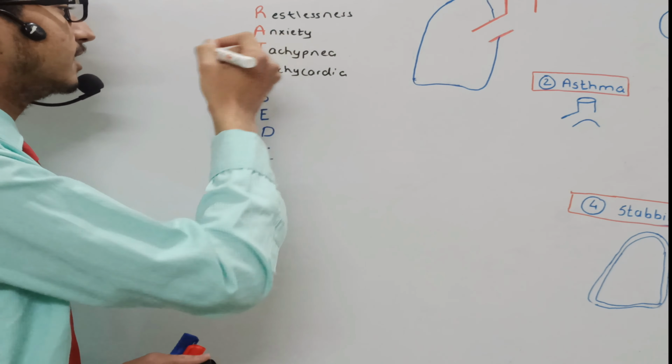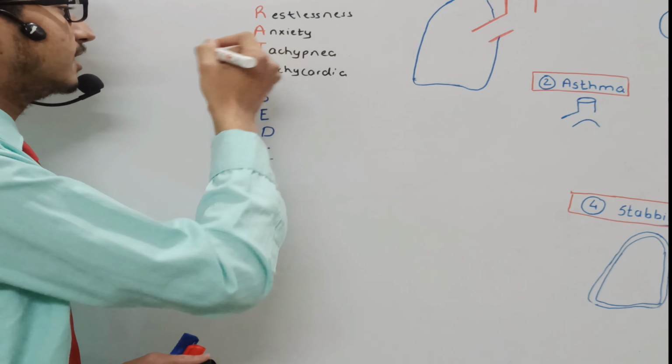As we all know, the atmospheric pressure is about 760 millimeter of mercury. Now, out of this 760 millimeter of mercury, about 21% is the partial pressure of oxygen, which is roughly about 160 millimeter of mercury.